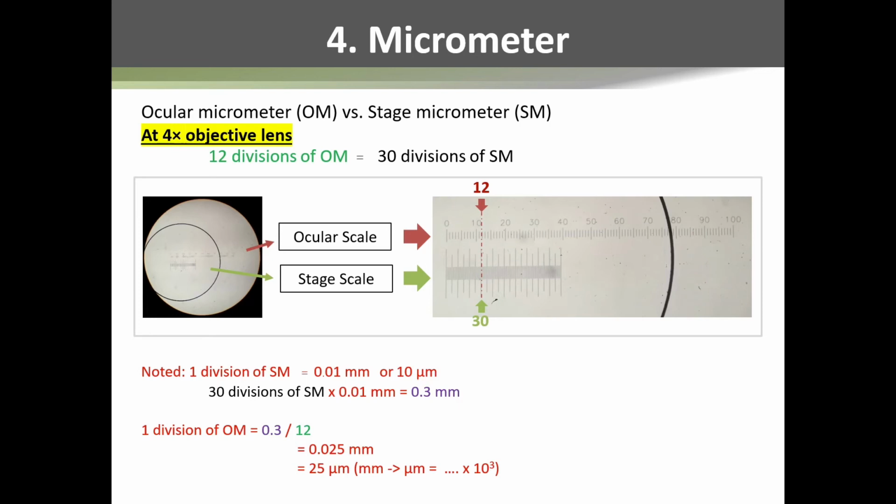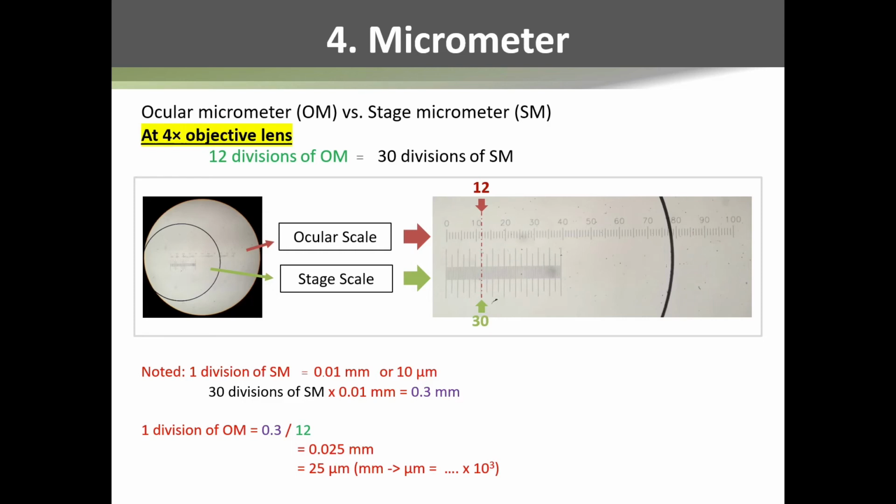We already know that 1 division of the stage micrometer is equal to 0.01 millimeter or 10 micrometers. Then 30 divisions of the stage micrometer at 4x objective lens are equal to 0.3 millimeter. We can calculate the actual length of each division of the ocular micrometer at lower power by dividing 0.3 with 12.